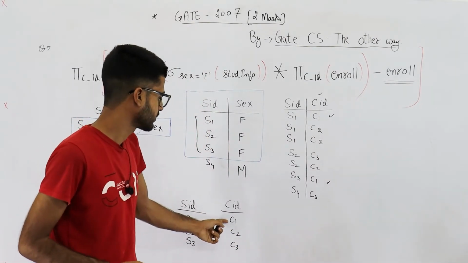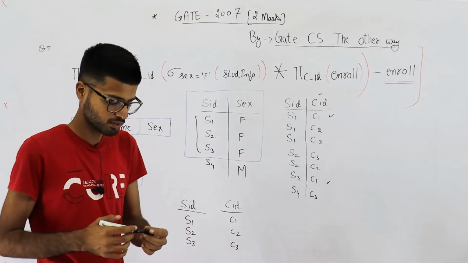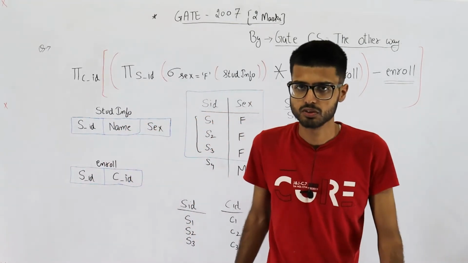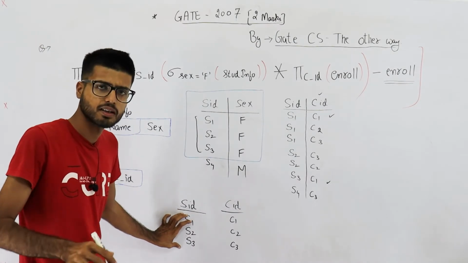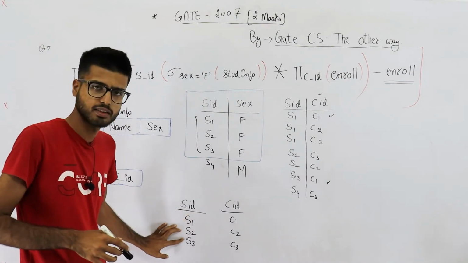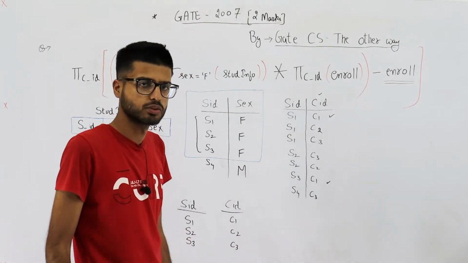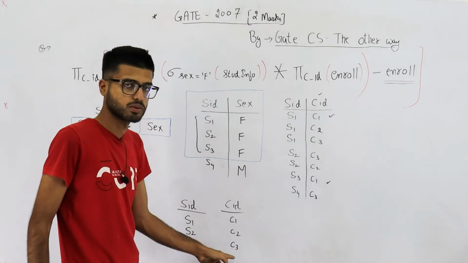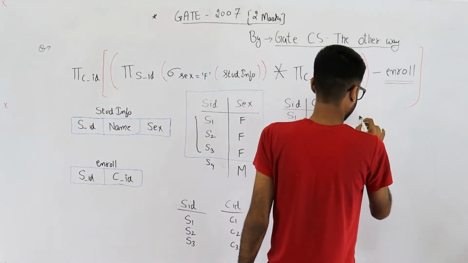S1 is linked with all the 3 courses, S2 is linked with all the 3 courses, S3 is linked with all the 3 courses. What does it actually mean? It means just assume that all the girls S1, S2 and S3 have enrolled for each and every course, which is C1, C2, C3. Now just keep in mind, this is not the actual scenario.